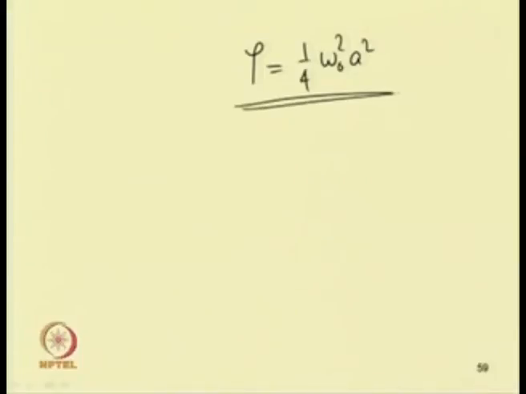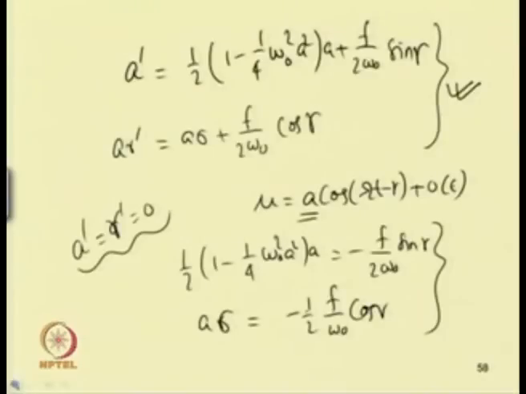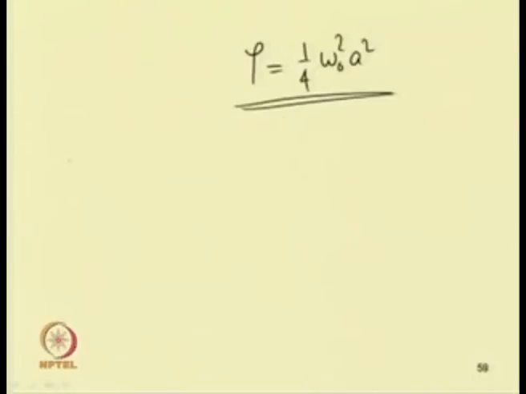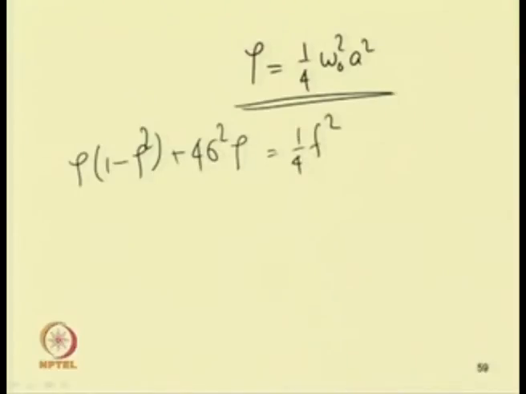By taking rho equal to 1 by 4 omega 0 square a square and squaring and adding the previous two equations, we obtain this equation: rho into (1 minus rho) square plus 4 sigma square rho equal to 1 by 4 f square. In this case one can plot this rho versus sigma to obtain the frequency response curve of the system.